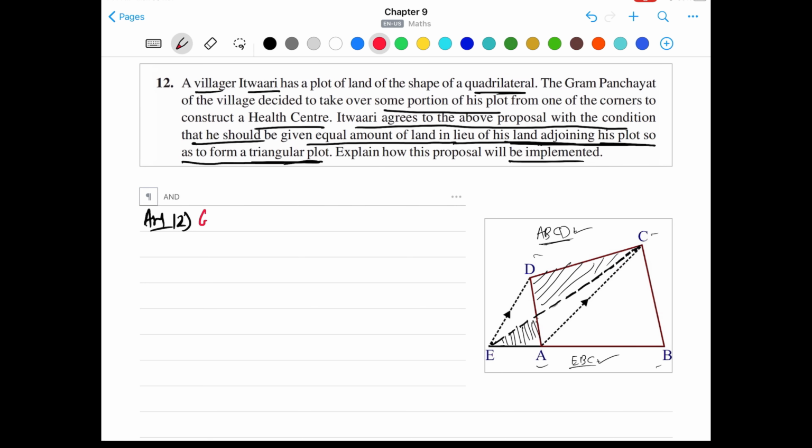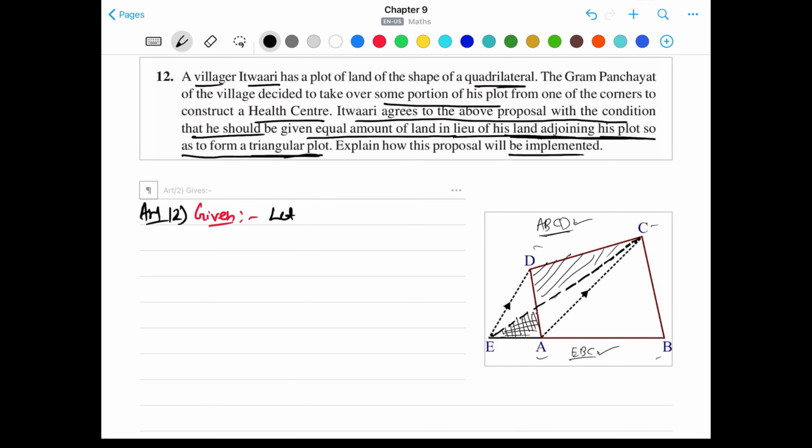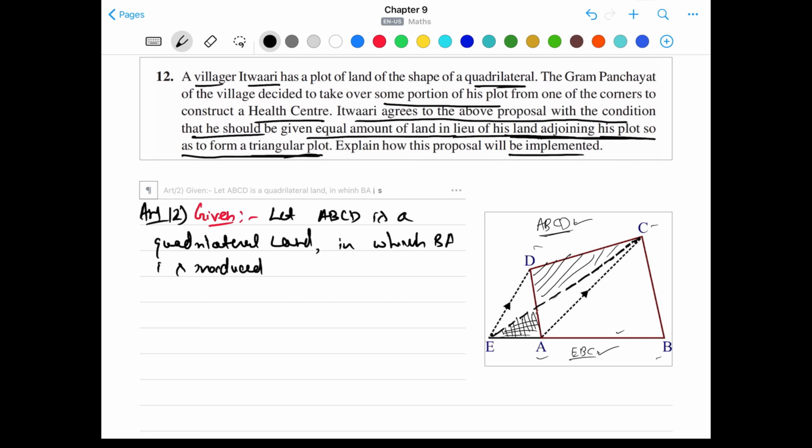First you will write the given part. Let ABCD be a quadrilateral land in which side BA is produced to a point E to meet DE parallel to AC.